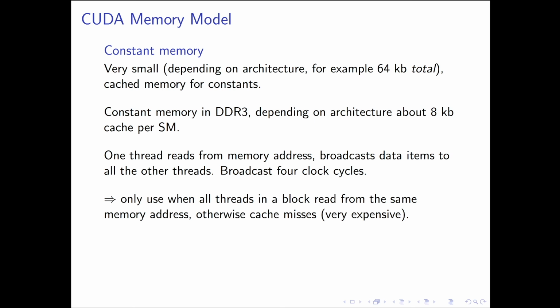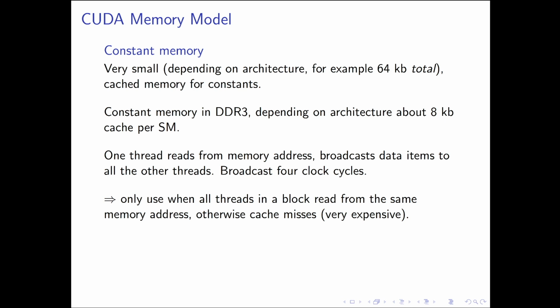On the device, that data is distributed so that each of the SMs has a copy of that memory region. Then, when there are accesses, one thread accesses that memory region and broadcasts the constant data to all the threads that also access the constant data items.